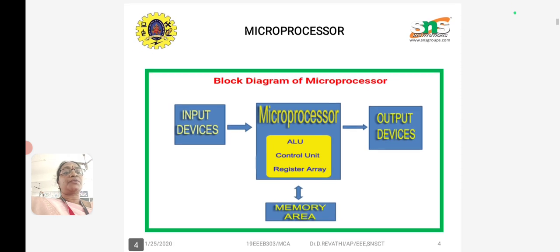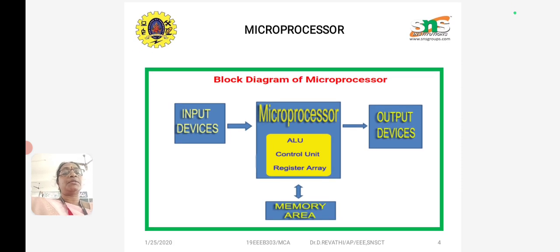The block diagram of the microprocessor consists of input devices, the microprocessor, which as I already mentioned consists of the ALU, control unit, and register array, and output devices along with the memory area. We know that there are two types of memories, RAM and ROM.